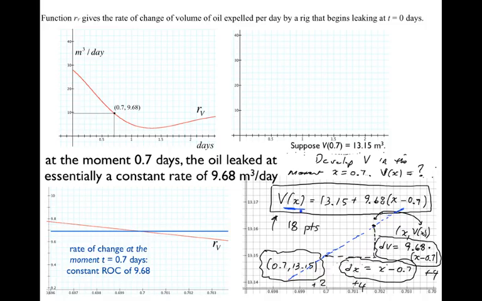I'm not sure. The moment establishes a small domain where we're assuming it's linear. Yeah, so this moment is from like 0.697 to 0.703.